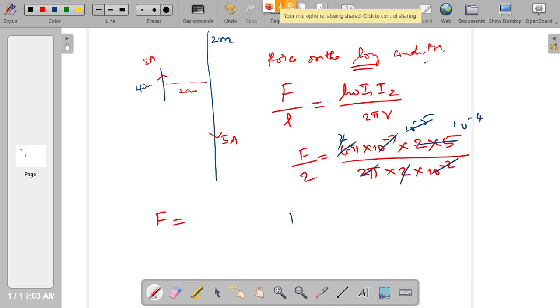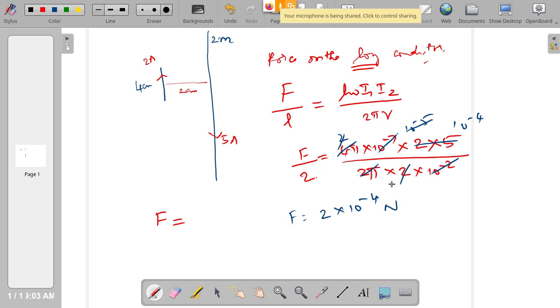So force is nothing but 2 into 10 power minus 4 Newton. Because force per unit length is given as 2 meters only, so it is okay.